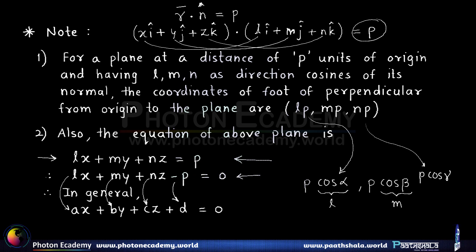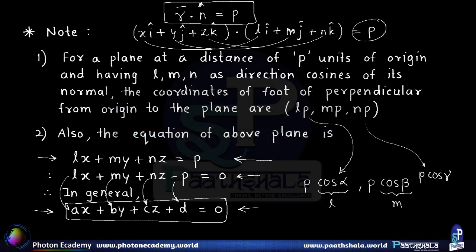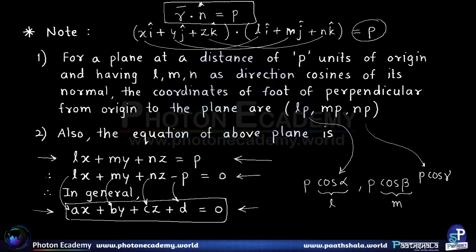So the important observation is that this last equation that we obtained is nothing but the Cartesian form of the equation of the plane. We have seen the vector form right at the top, and the last one is the Cartesian form. The important observation about the Cartesian form is that the equation of a plane in Cartesian form is a linear equation in three variables x, y and z. So that is the important point to be noted.